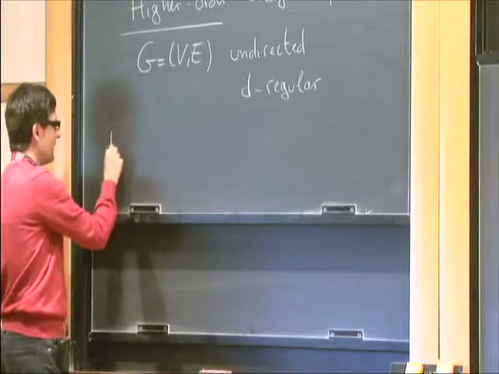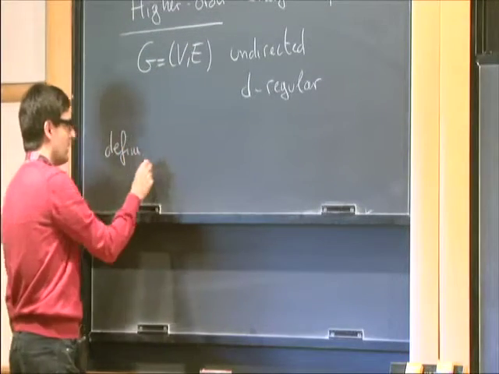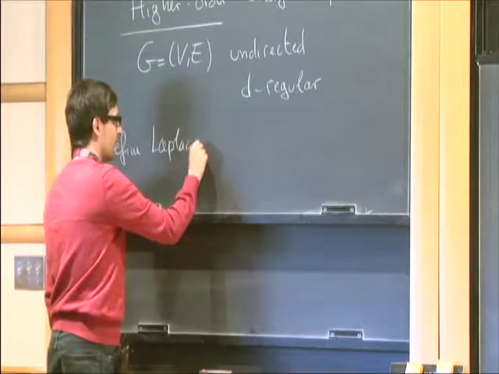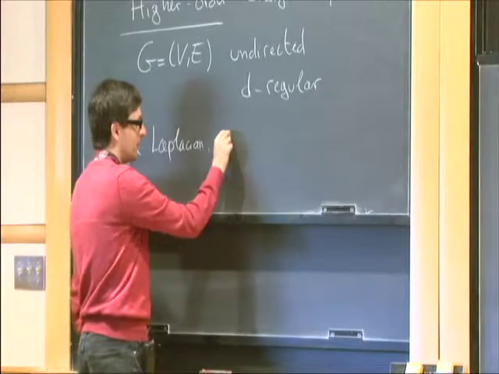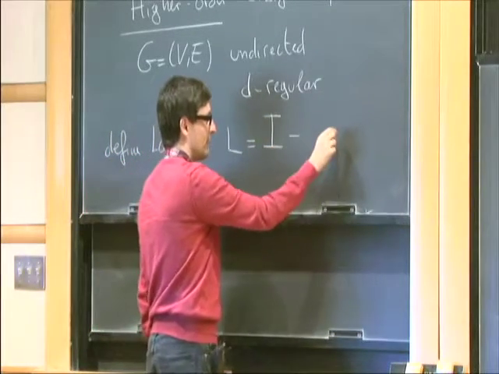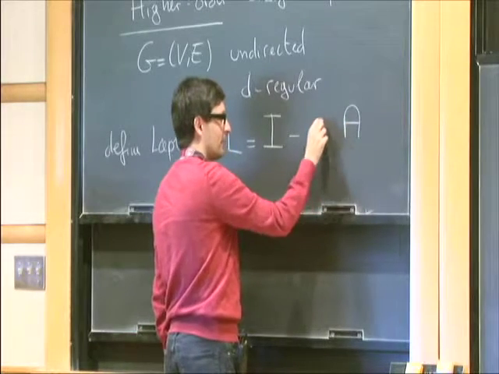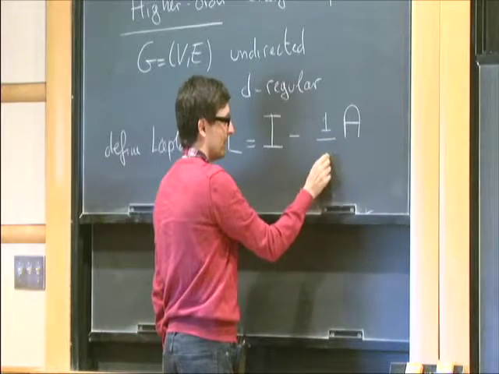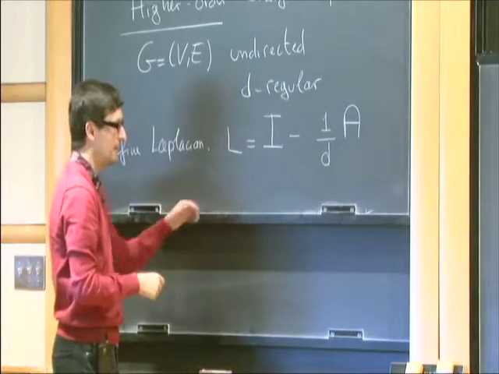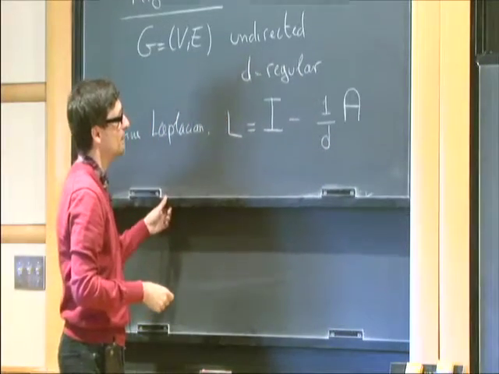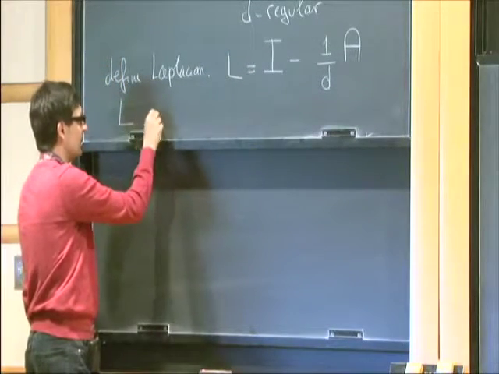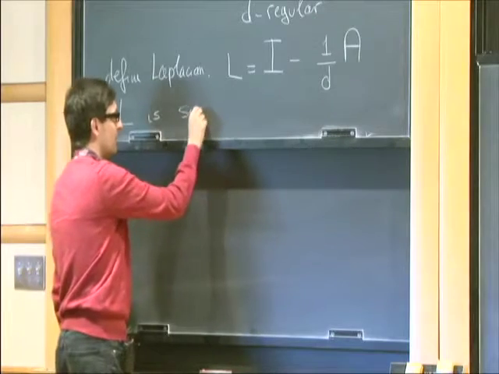So let's define the Laplacian of a graph as this matrix, the identity minus the adjacency matrix of the graph divided by the degree. And in a moment, we'll see why this is an interesting matrix to look at. For now, let's just note that it's symmetric and real.